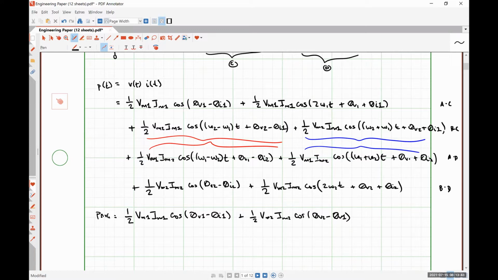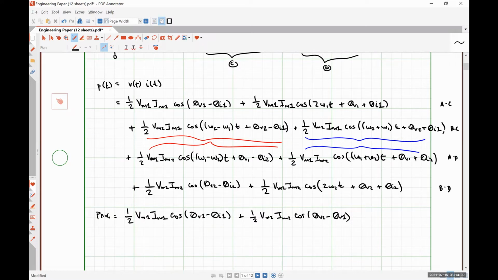We know that is the average power because it is the DC contribution to our instantaneous power waveform, and therefore it represents the DC offset or the average value of the system, just like it did when we only were looking at things at one frequency.